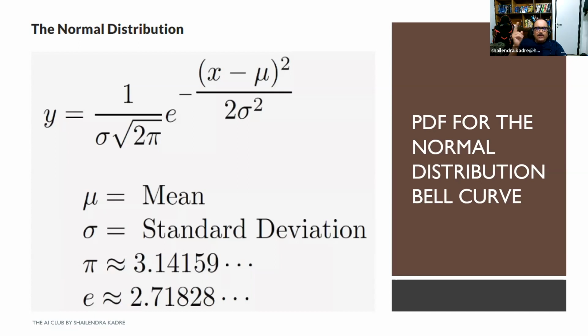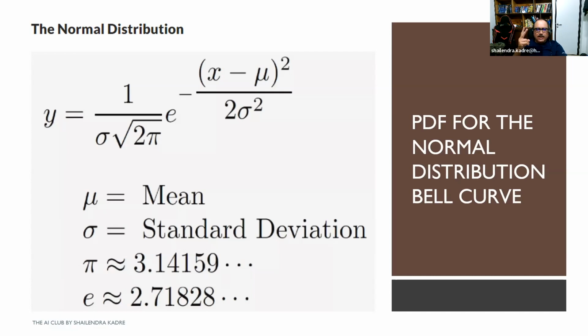So there are two variables apart from x here, sigma and mu. See, x minus mu whole square divided by 2 sigma square. The formula looks complex, but if you look at it a couple of times, it will become familiar. There are only two main variables here, mu and sigma. Mu is your mean, sigma is your standard deviation.